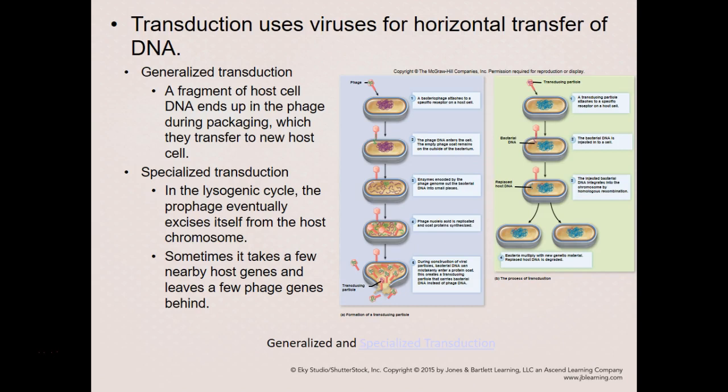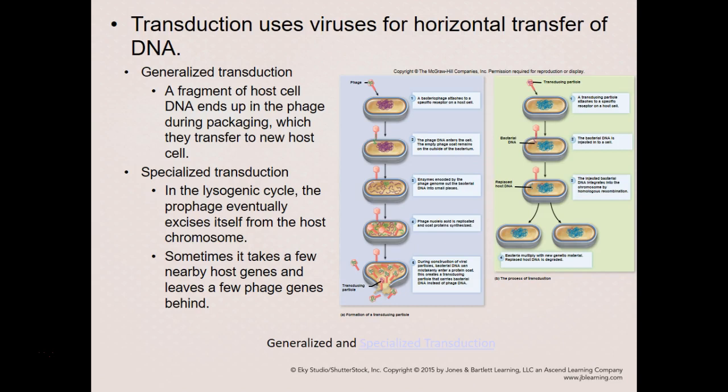And then when needed, so we now have new information that we care about in the cell, that cell can replicate multiple times, and when needed, we can excise that information along with neighboring information from the actual bacterial cell that we care about.